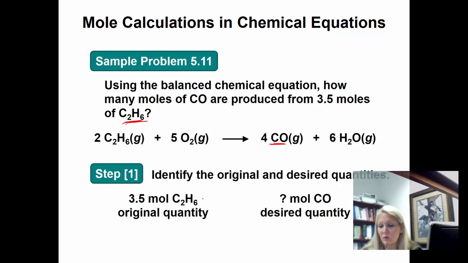I draw this, and I know that in the denominator, I have to have moles of C2H6. Now we've got to think about what our relationship is. How can we relate C2H6 and CO? These are two totally different compounds, so the only way we can relate them is with a mole to mole ratio.